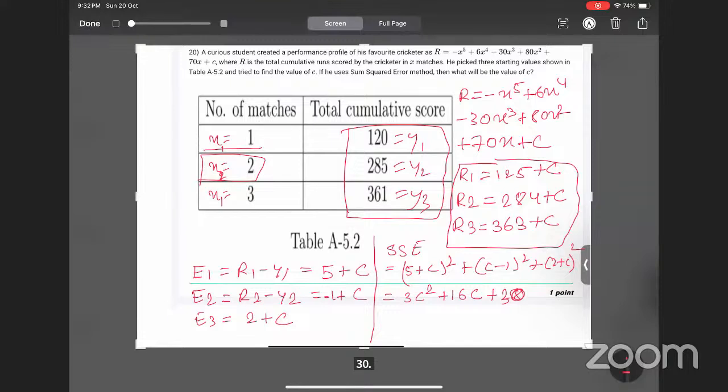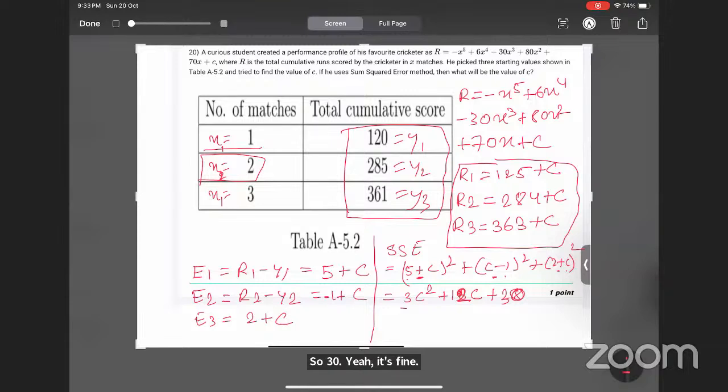Then from here we will get 10C, minus... ma'am, 3C square plus 12C plus 30. So is it fine now? From here we will get plus 10, then minus 2 means 8, and then plus 4 means 12. And if here 25, then 1, 26, and then 4. So 30. Yeah, it's fine.